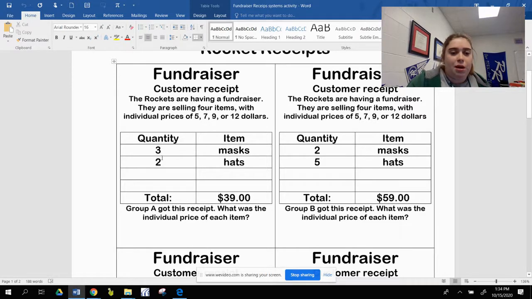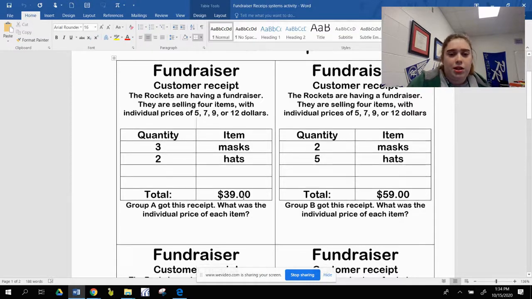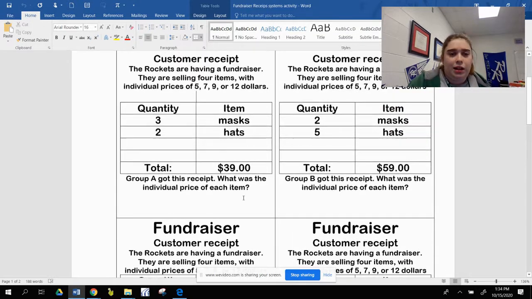And we would multiply that by 3 to get $15, and then maybe you made hat $7, multiply that by 2 to get 14. So 15 plus 14, right? That adds up, and see if that matches your total or not. So hopefully you did that, or something like that.